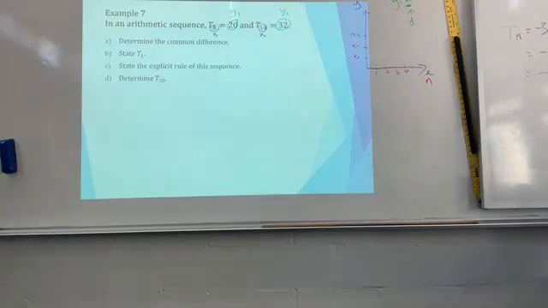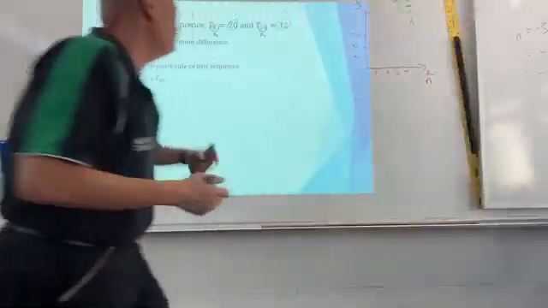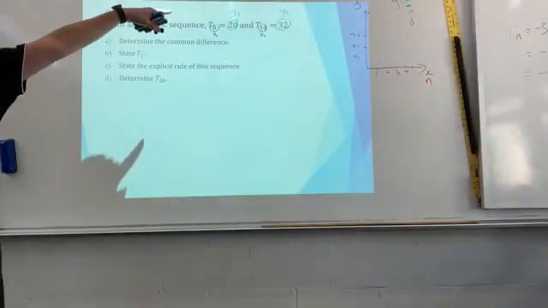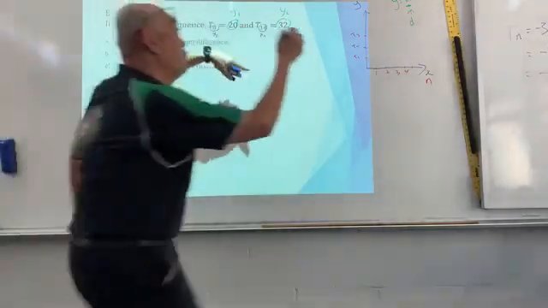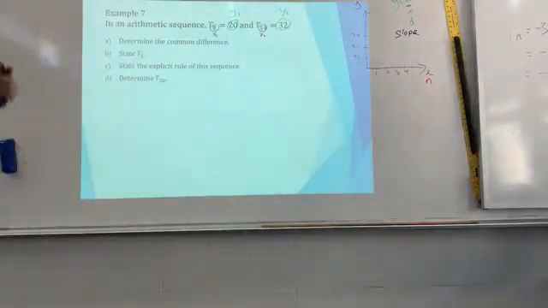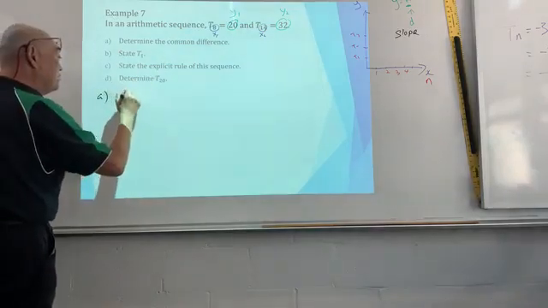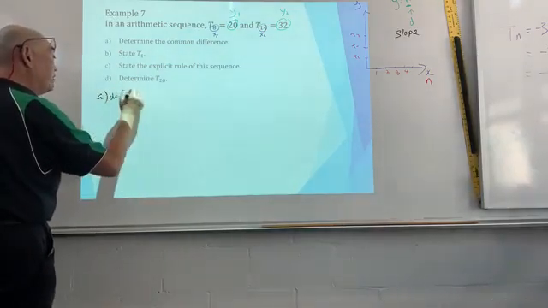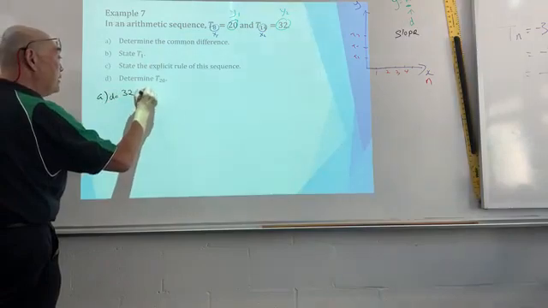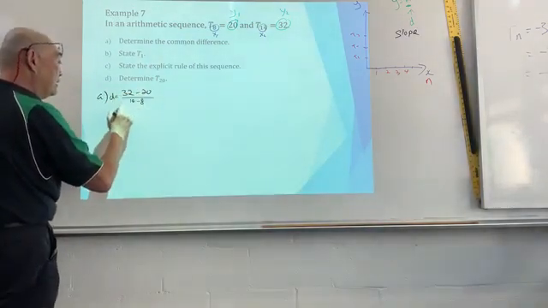So now with part A, what we're going to work out is the difference, which is the slope of a linear equation. How do you work out the slope? D is therefore 32 minus 20 divided by 14 minus 8.